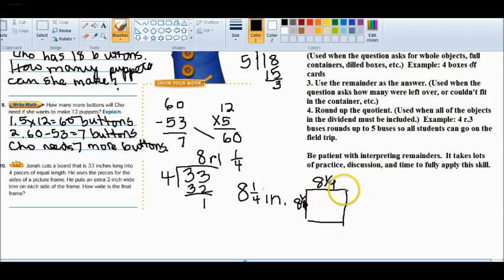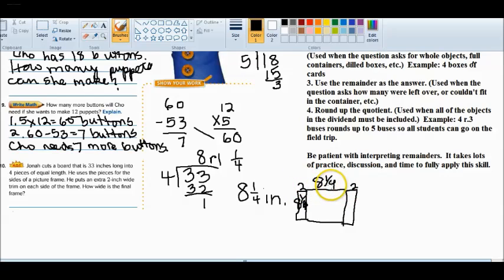What he's done is, on each side, he's added a 2-inch wide trim, so he's added another bit of frame to the side, 2 inches to either side. Now it's asking how wide is the final frame. Because I couldn't picture it till I drew it, I have my 8 1/4 inches here, and then the 2-inch wide trim on this side and the 2-inch wide trim on this side.